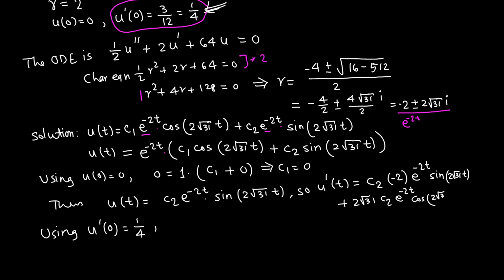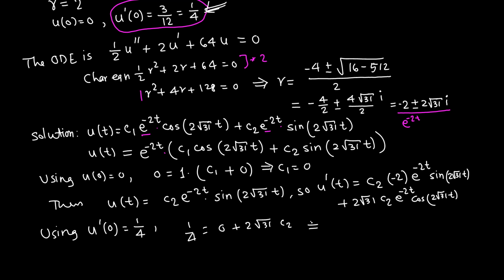2 root 31 t. Now we are using this second initial condition here, so u prime is 1/4 equals, when t is 0, this. Sine 0 is 0, so there is no first term, this is all 0, plus second part: cosine 0 is 1, e raised to 0 is also 1, so there is 2 root 31 c2.